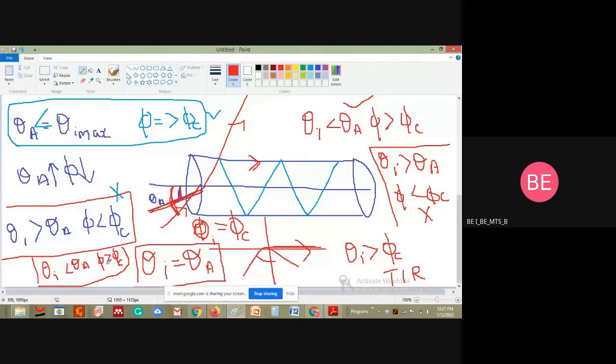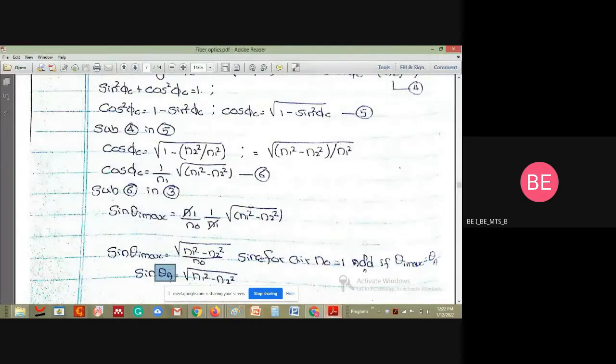Will total internal reflection take place? No, ma'am. No. When the angle of incidence at the interface is less than the critical angle, the ray will simply be refracted into the space. It will no more be internally reflected, but will be simply refracted out into the space. Right? Please try to remember these concepts.